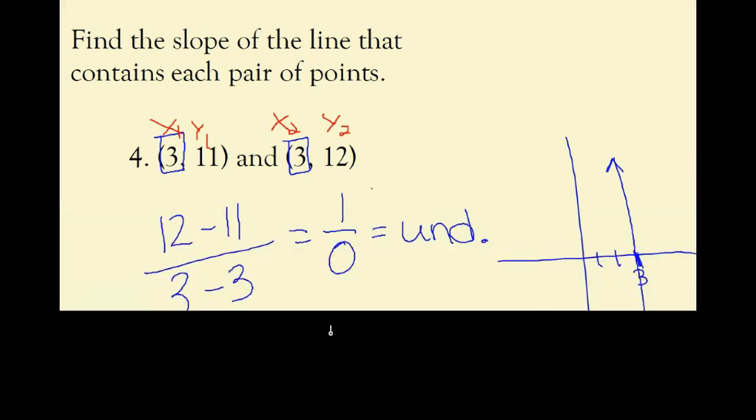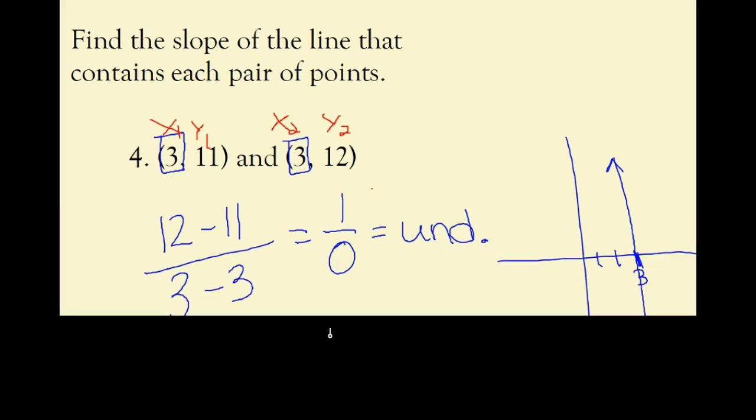Okay, but remember, we're doing the 11 minus 12, the y, that has to go on top. So we usually say that one first because that goes on the top of the fraction. 12 minus 11 over 3 minus 3, if you did 11 minus 12, either way, you're going to get what on the bottom?